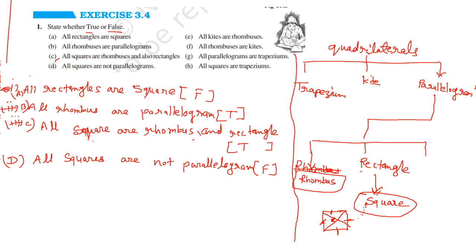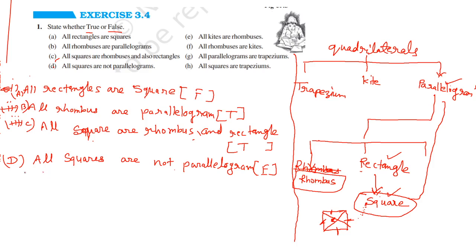That means all squares are rectangles and all rectangles are parallelograms. So the statement is false. All squares are parallelograms.